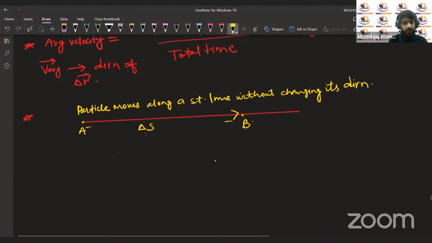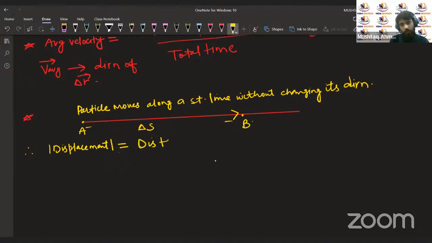In this case, we can say the magnitude of displacement is equal to distance. It means that if a particle is going along a straight line without changing its direction, the important point is that the particle should not reverse its direction when it's going along a straight line.